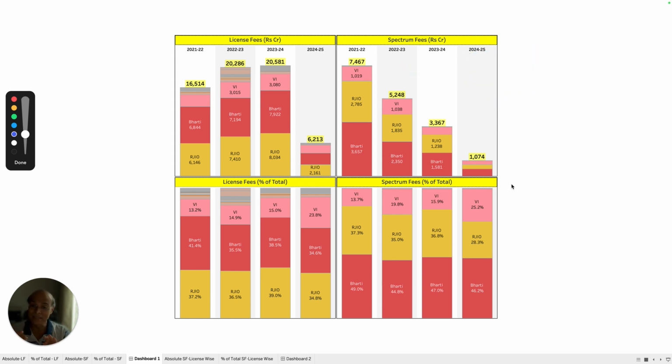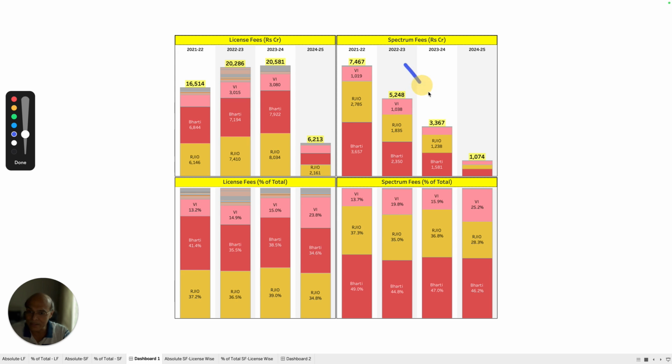Nobody is using the 26 gigahertz band, by the way, because it is a useless spectrum band from the point of view of deploying mobile networks, because it will require an exponentially large number of BTSs. That is why the operators got hold of that spectrum, because it drove the spectrum usage charges low. That is the reason that band got sold. Otherwise, that band would not have got sold.